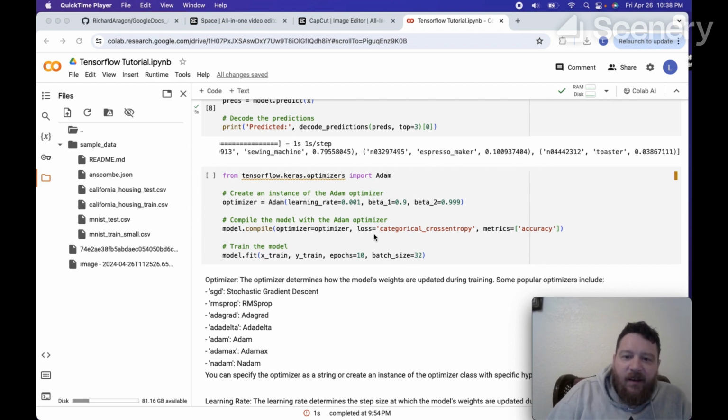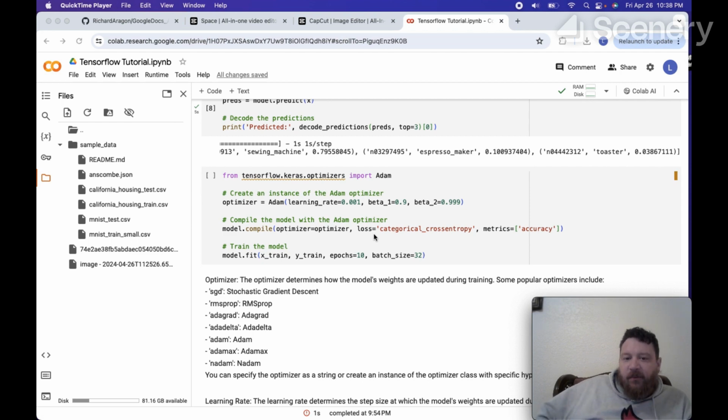So this is bringing in and compiling a whole entire neural network. And then we're telling it what optimizer to use. We're telling it several things about the model: the optimizer itself, the learning rate, metrics, the size of the model, the batch size for our training, and then our epochs to train the model overall.